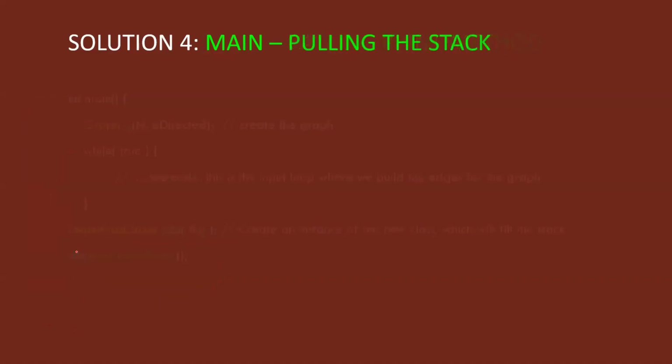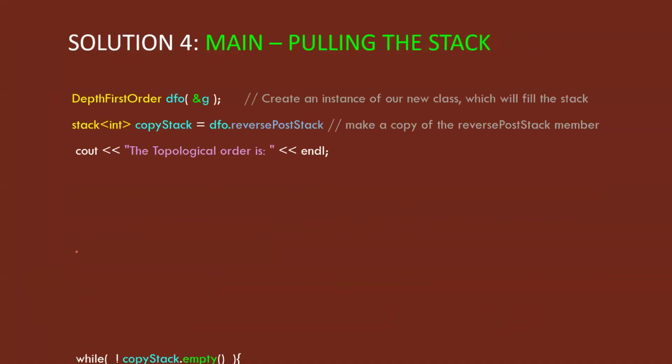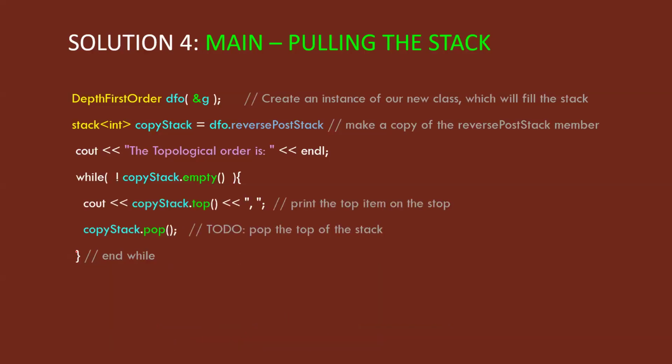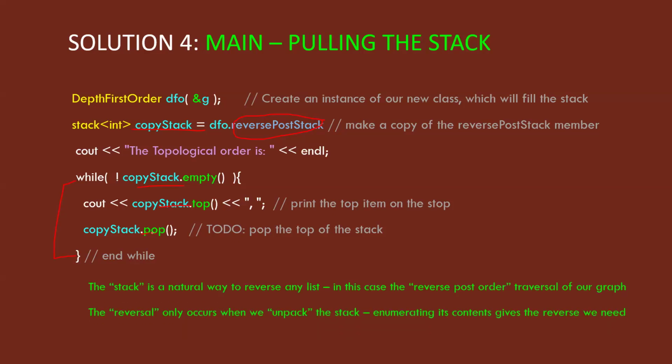Let's see if there are some key points. Oh, and we could have manually deconstructed the stack. This is just kind of unnecessary. I could have said, go ahead and get me the reverse post stack, I'll get a copy of it, and then deconstruct it piece by piece and print it out as I go. But we just had a nice method for doing that. So this is the more manual way of doing it.